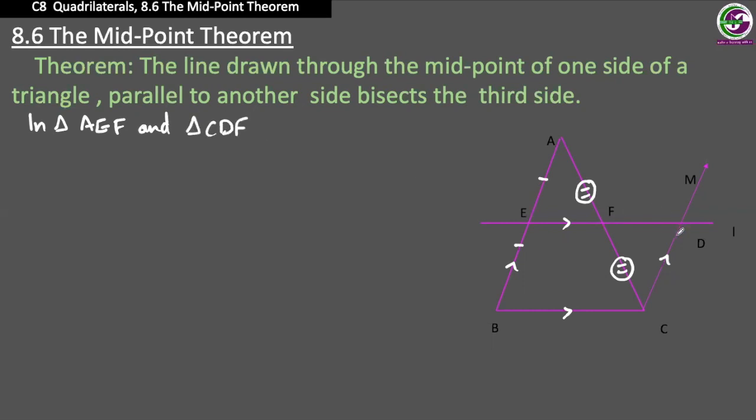In triangle AEF and CDF, we can see that CD is equal to BE because EBCD is a parallelogram. Why is it a parallelogram? Both pairs of opposite sides are parallel.